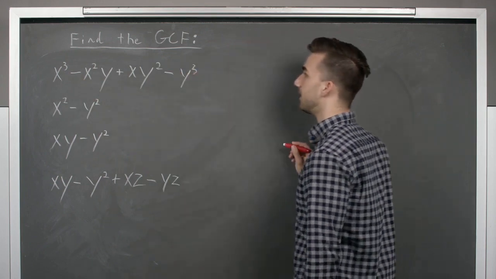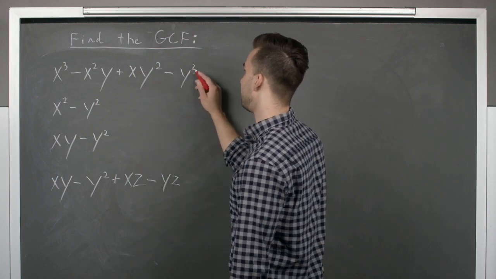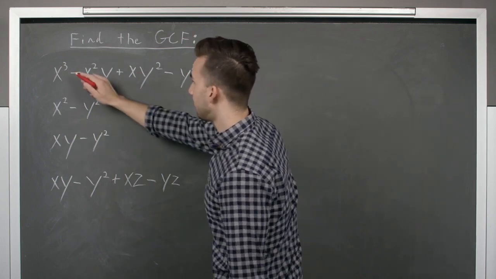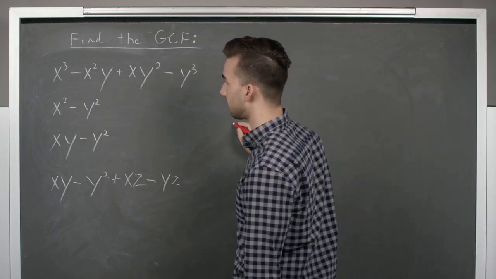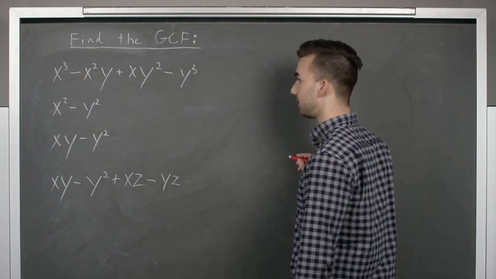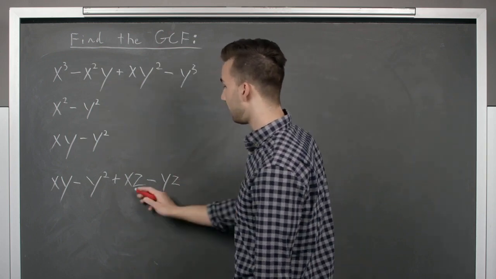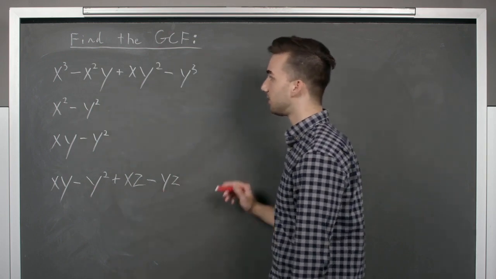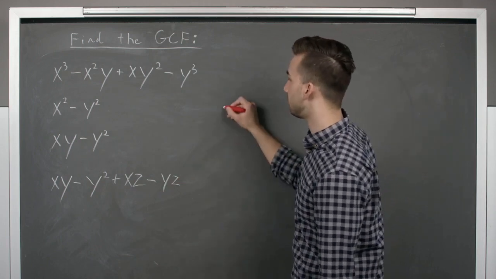So we cannot include x in our greatest common factor. And if you look at our y's, the lowest exponent we have is 0. So we cannot include our y's in the greatest common factor. So z, the lowest, is also 0. So our greatest common factor for this example is 1.